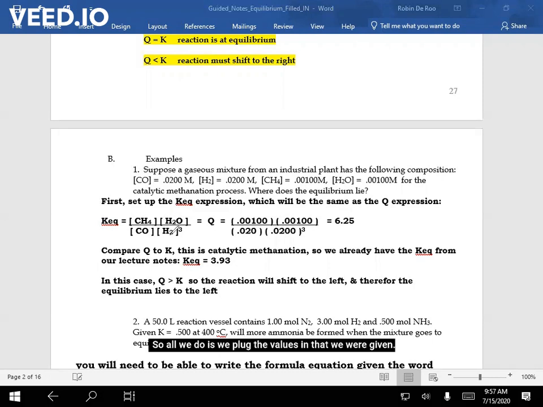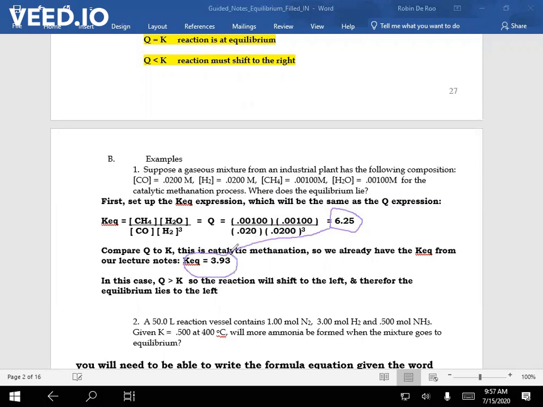So all we do is plug the values in that we were given, and we solve for the Q. We get a 6.25. Now, in the previous problem, we had been given the KEQ. So we compare this Q to the KEQ that we were given in the previous problem.